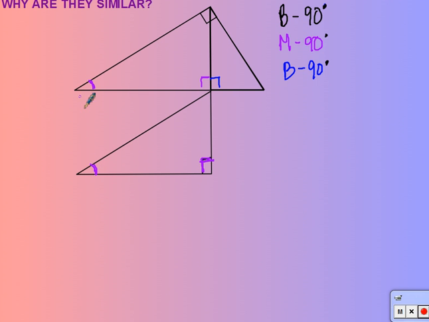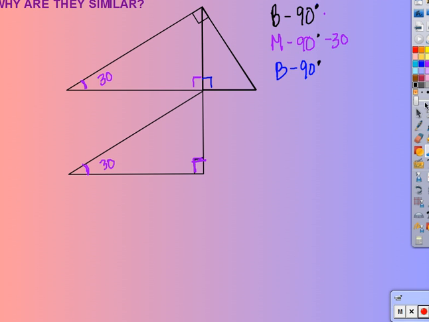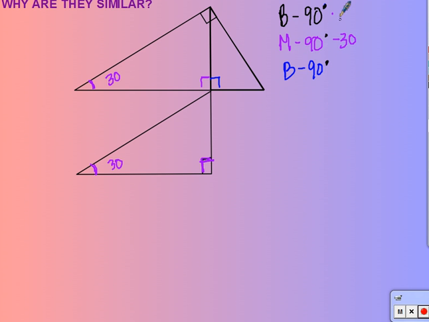They have that angle in common. I'm going to say that this is a 30-degree angle just so that we get some measurements and can prove some things. So if this one's 30 and this one's 30, they both have 2 angles that are measuring the same size, or are congruent.